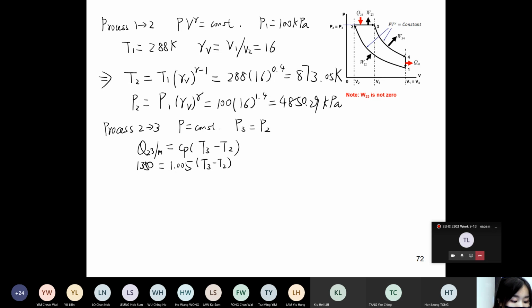For T2, we know the value. We have already calculated the value, so it should be 873 K. Then we can calculate the temperature at point 3.